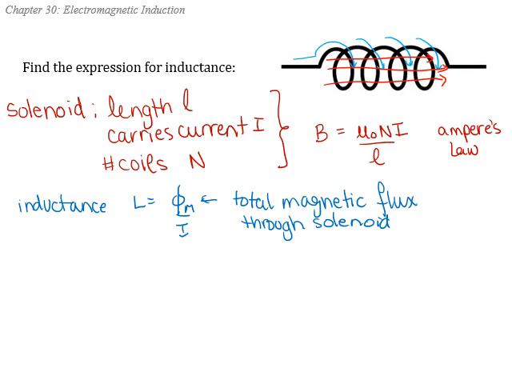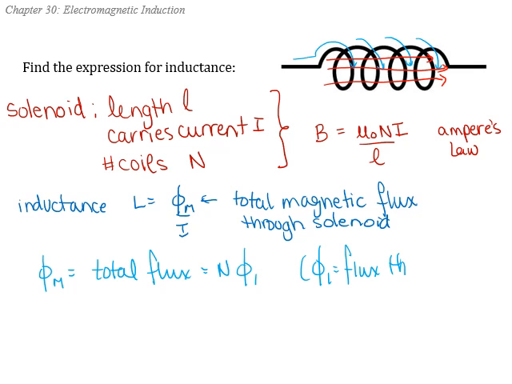So our total magnetic flux would be the flux of one coil times however many coils you have. So our total flux is N, the number of coils, times the flux through any one coil. Let's remember what flux is equal to.